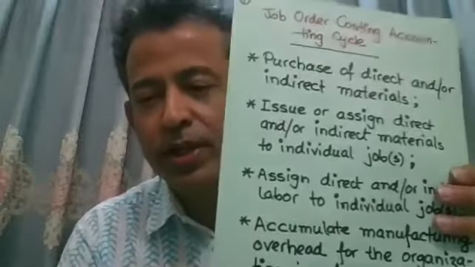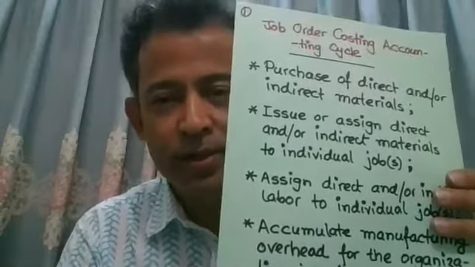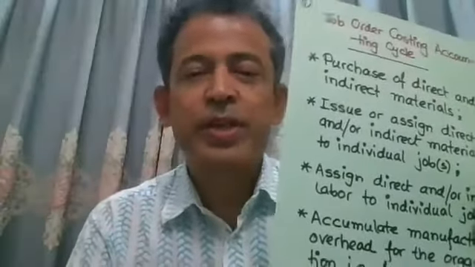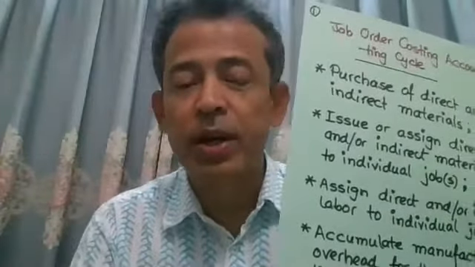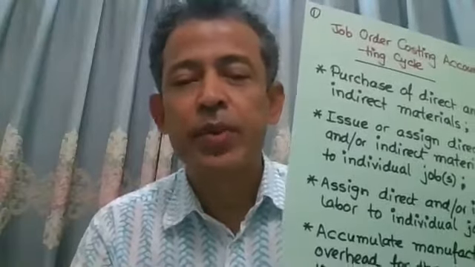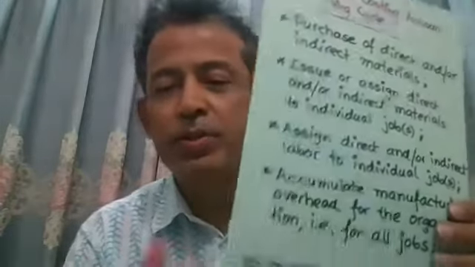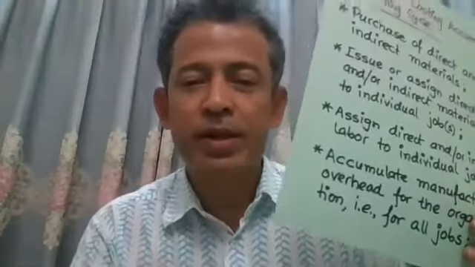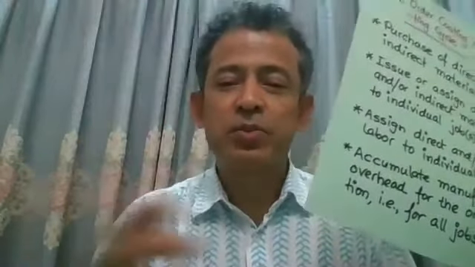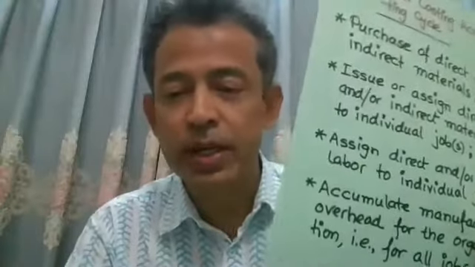This is how we start. The first transaction that happens is purchase of direct and or indirect materials. So any organization, especially construction companies or painting companies or companies who provide outsourcing services, whoever performs jobs, will obviously have to purchase direct and indirect materials to later assign or deploy those materials to different construction sites or different job sites.